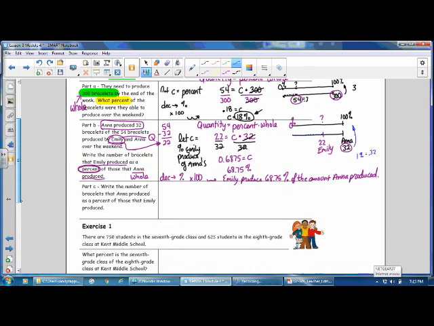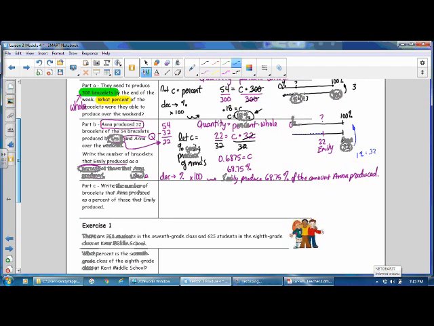Right. So part C, write the number of bracelets that Anna produced as a percent of those that Emily produced. This sounds very similar to the problem that we've just done. So let's read it carefully. Write the number of bracelets that Anna produced as a percent of those that Emily produced. So we're still looking for a percent, but instead of comparing Emily's to Anna's, we're comparing Anna's to Emily's.